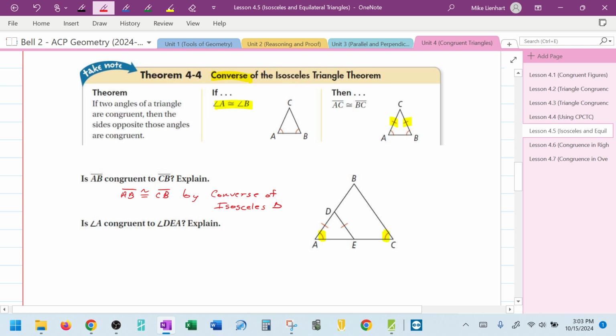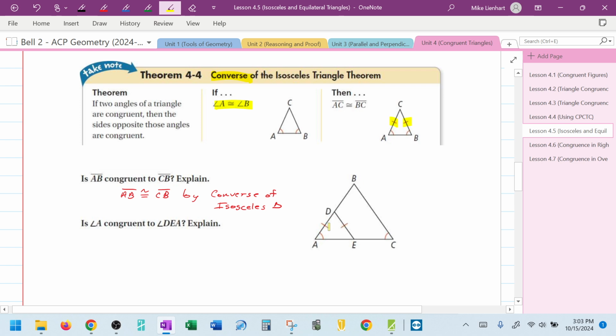Okay? All right, so the next question says, is angle A congruent to angle DEA? All right, so I look at my picture here. I see angle A. I see angle DEA. I notice they are formed by this smaller triangle.